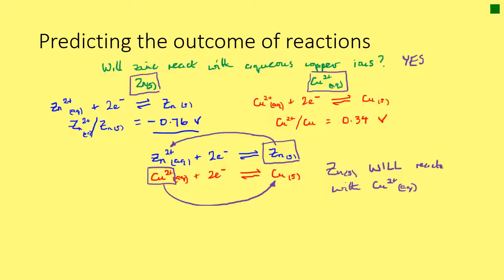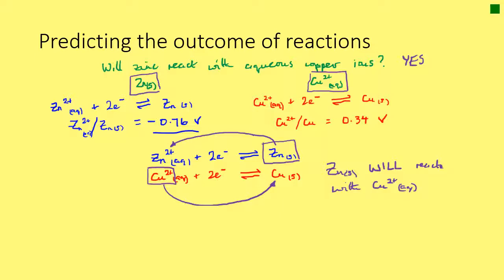So we've got two anti-clockwise arrows. Then you look at the non-pointy ends, the starting ends of the arrows, to work out if the reaction would happen. At the starting ends of the arrows, we've got zinc and we've got copper 2+ ions.